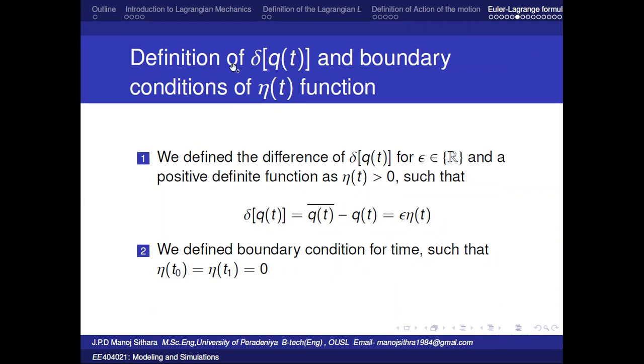Once we have that, we define the small quantity of variation of the position vector, called delta of q(t), a very small function, and these very small functions are called delta functions, right?